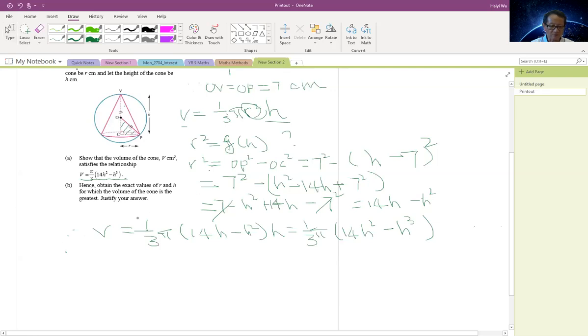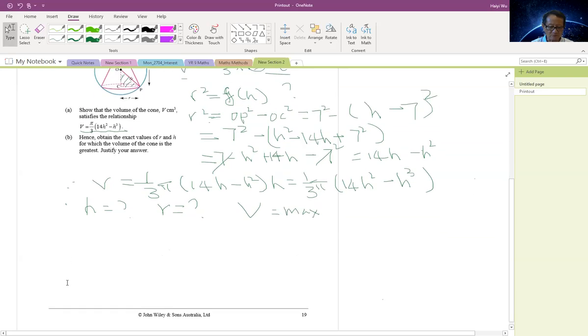Now we're going to find the maximum volume. So find h equal to what, when V is max. In order to do that, we just use differentiation to find a stationary point. Let's do the first derivative.